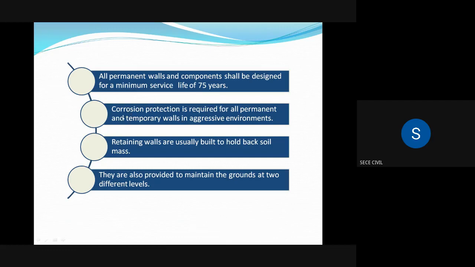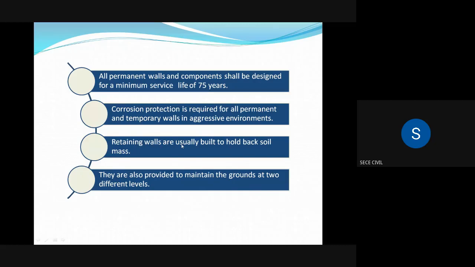Next, corrosion protection is required for all permanent and temporary walls in aggressive environments. Some retaining walls may be in a normal environment, some in aggressive environments, maybe in seashore areas. If we build a retaining wall in those aggressive environments, it should have corrosion protection.